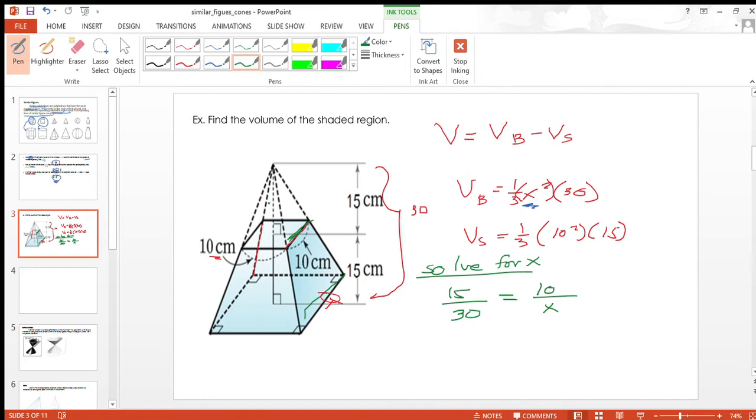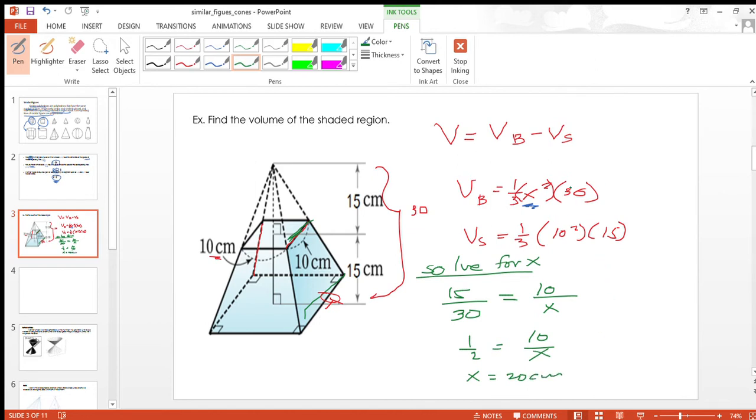The height of the smaller is proportionate with the height of the bigger, and the base of the smaller must be proportionate with the base of the bigger. So this is 1 half is equal to 10 all over x. If we now cross multiply, x will be equal to 20, 20 centimeters.